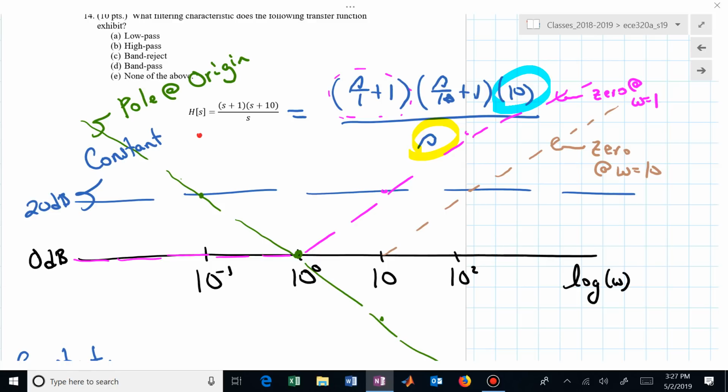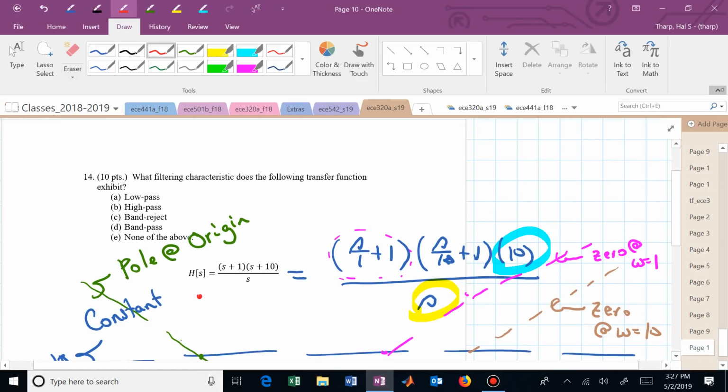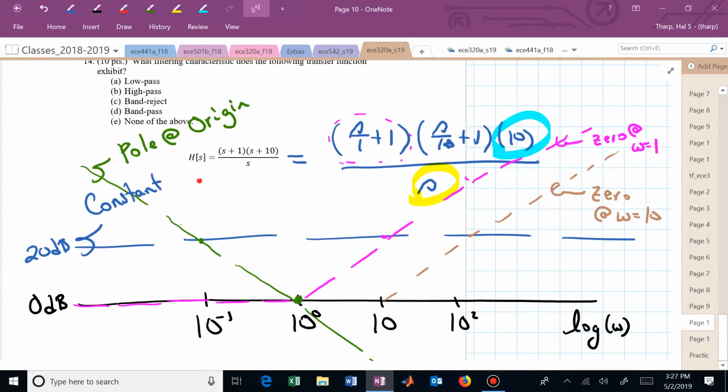But nothing else kicks in until 1. So really I could just go back to 0.1 and I'm far enough or low enough in frequency in this particular plot. But let me just go back one more decade just to be safe and go back to 10 to the minus 2 or 0.01 and say, let me start drawing my complete magnitude response from that frequency on.